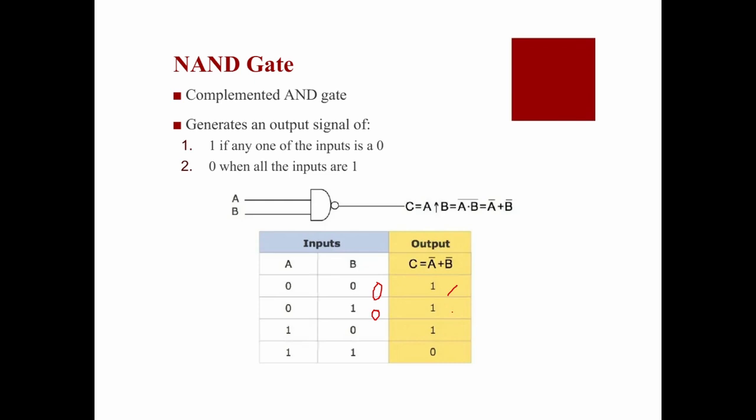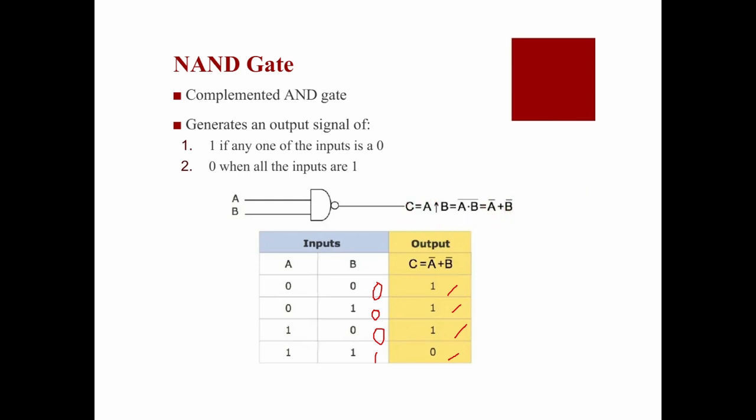Not A, 1. Same like this, not A, 1. 1 times 1, 1, but not A becomes 0. So it means the output is 1 if any one of the inputs is a 0. The output is 0 when all the inputs are 1. Okay, as you can see, this is the algebra expression like this.